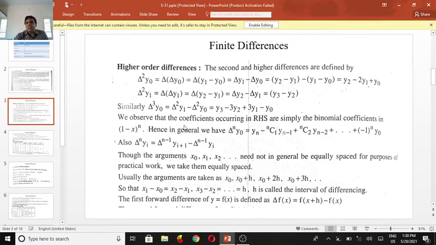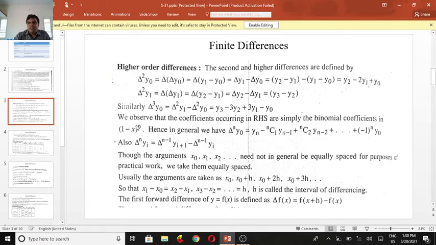We observe that the coefficients on the right hand side are simply the binomial coefficients of 1 minus x to the power n. Delta cube starts with y3, delta square starts with y2, and the coefficients go 2, 3 like that.